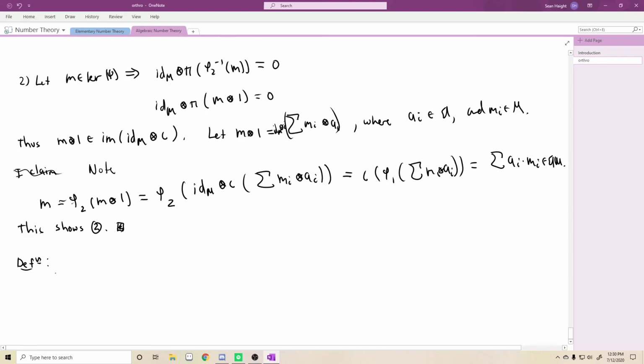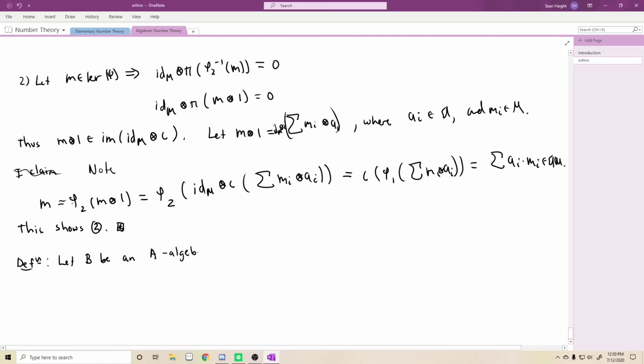But maybe I want to talk about something slightly different here. So I'm going to let B be an algebra. Yeah, I guess really what I want to talk about is something called extension of scalars.